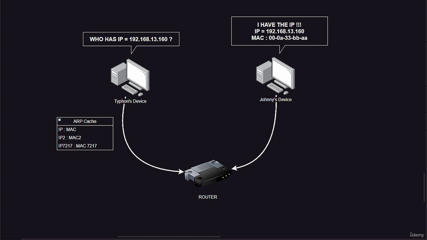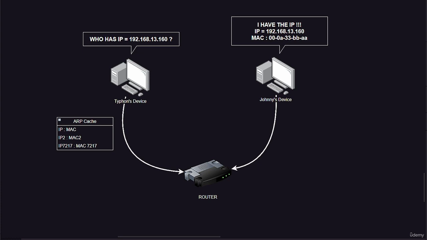As I said, Tayfun's device will ask all of the devices if they have the IP address. Actually, Tayfun's device does not ask like that. Instead, it will ask the router about this IP address.